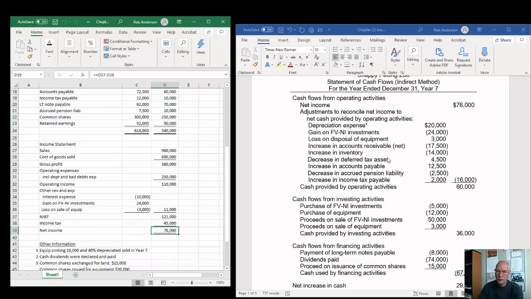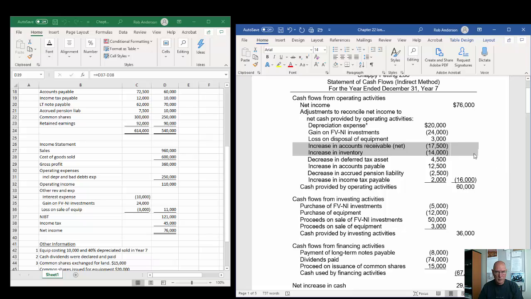So we're going to go through these one by one for the difficult ones. But first, let's look at the easy things. Okay, for example, your accounts receivable went up.